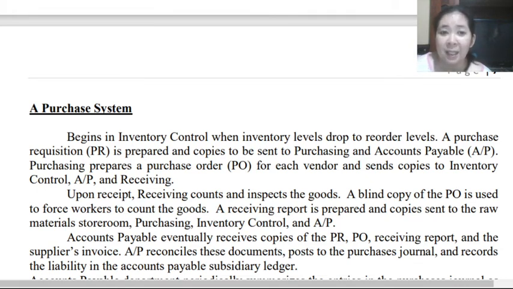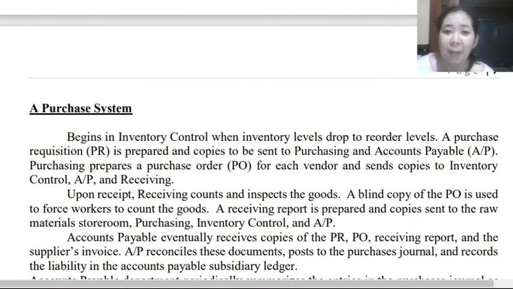Upon receipt, the receiving department will count and inspect the goods. This is when the order was placed and the supplier has already sent the ordered items, and the items were received by the entity. The receiving department is responsible for counting and inspecting these goods.